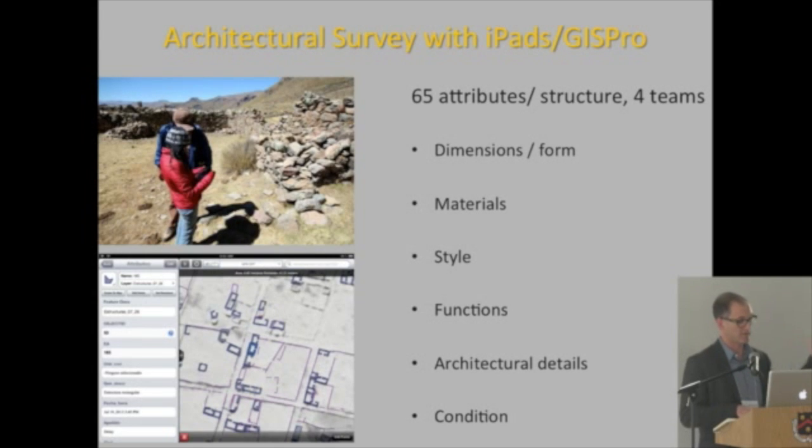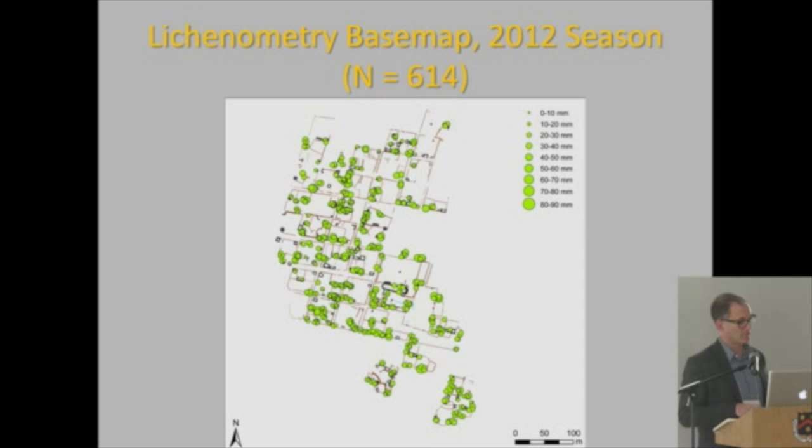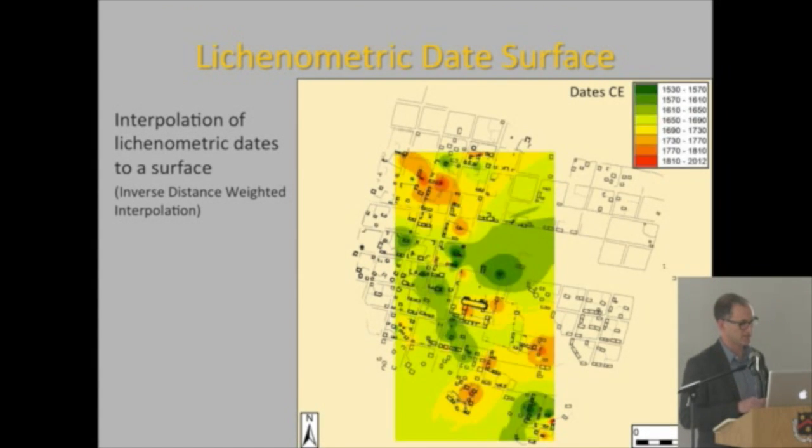So we've got the map, plus the GIS with all these attributes for all the buildings. Lichenometric data, so we measure a particular species of lichen on every building and get a sense of their age. We're interpolating that into a sort of date surface of the site.